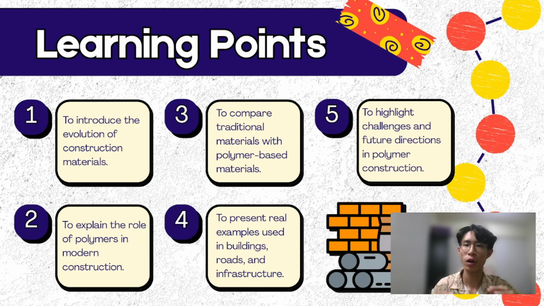Fourth, we are going to present how we use polymer-based materials in real-life practices, including in buildings, roads, and infrastructures. And lastly, we are going to highlight the challenges and the future directions in polymer constructions.